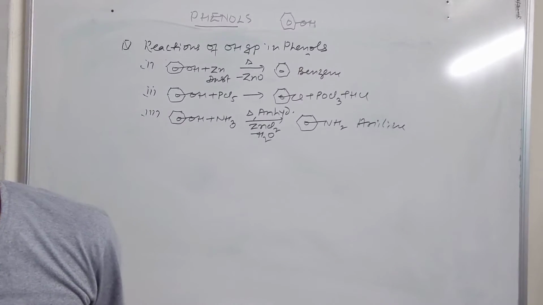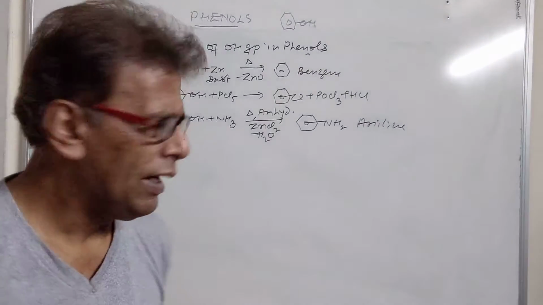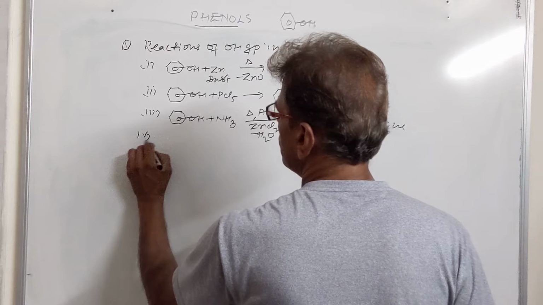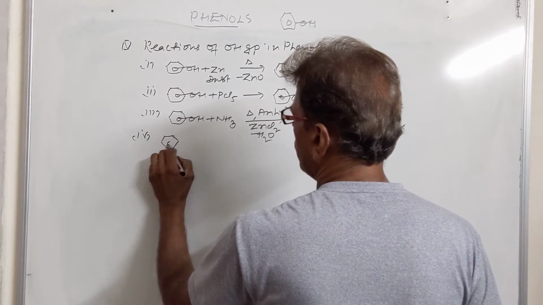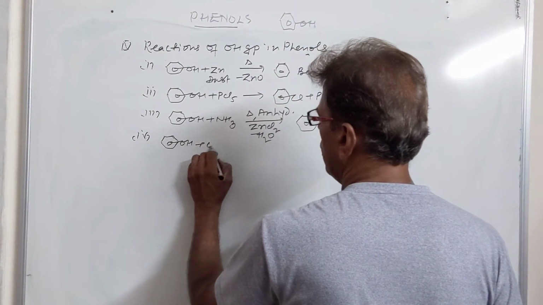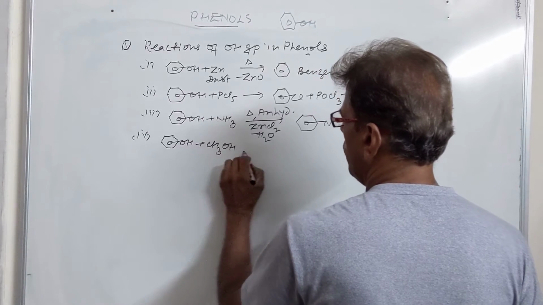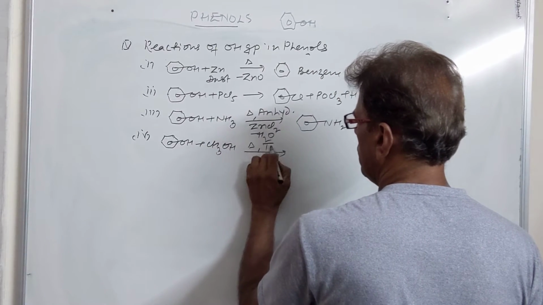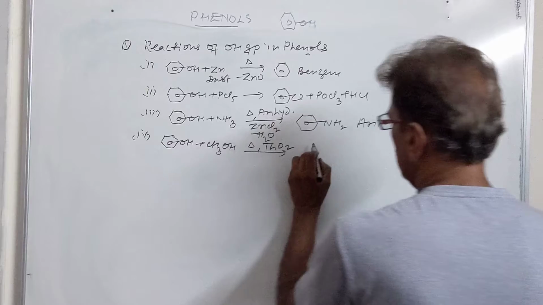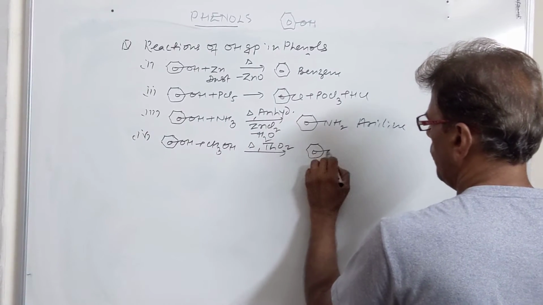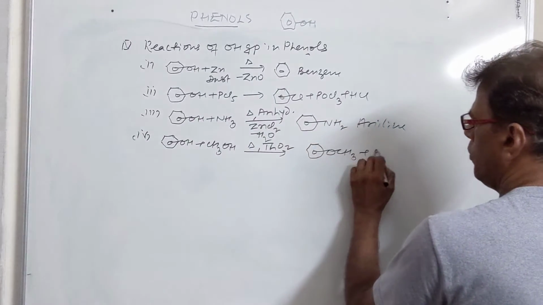Then we have action of methyl alcohol and ethyl alcohol. Phenol reacts with methyl alcohol in the presence of thorium oxide. It will give you anisole plus water.